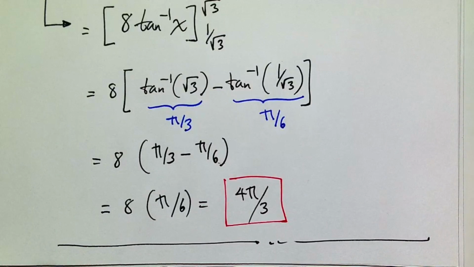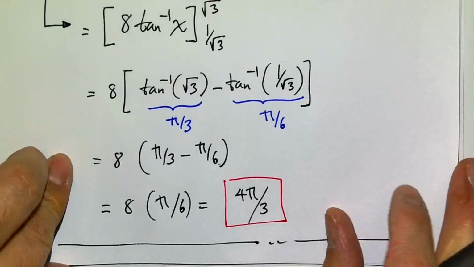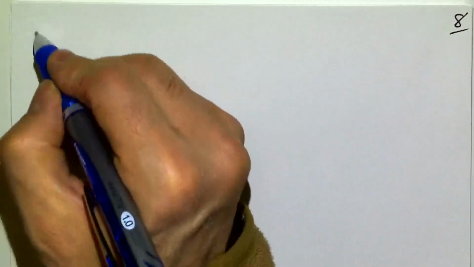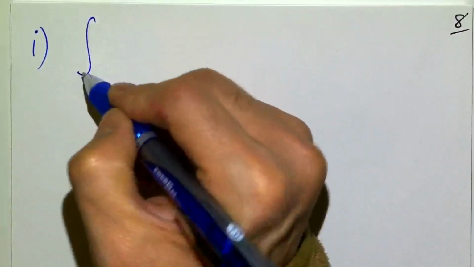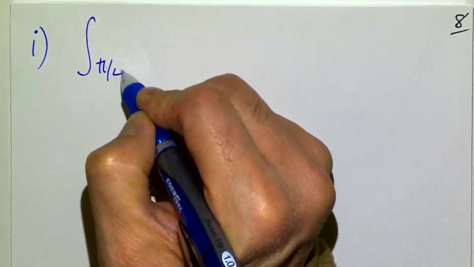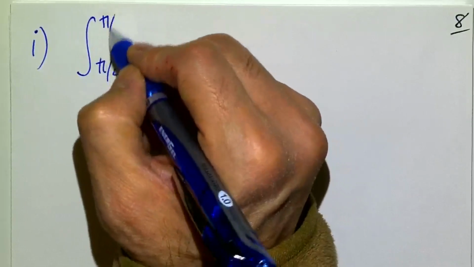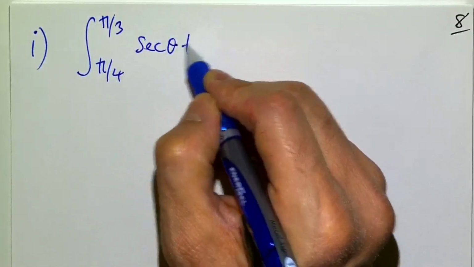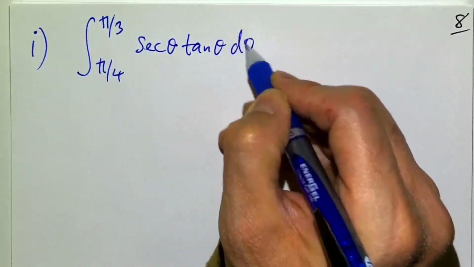All right, so let's see another example. Suppose we want to integrate from pi over 4 to pi over 3 of secant of theta tangent of theta d theta.